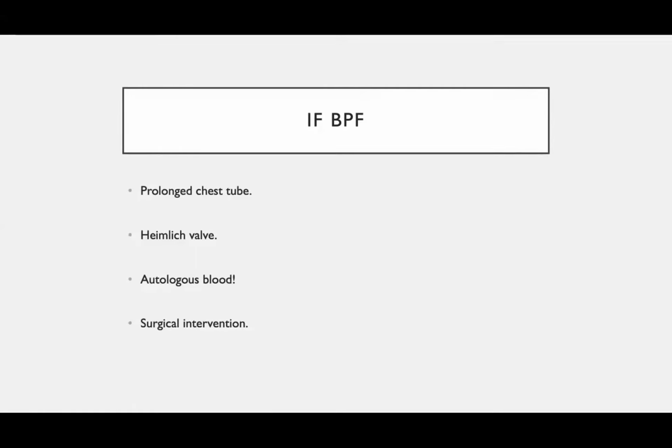So it's basically you withdraw 50 milliliters of blood from the patient himself, then you inject it through the chest tube, and you just keep the tube off suction for a while until it goes.